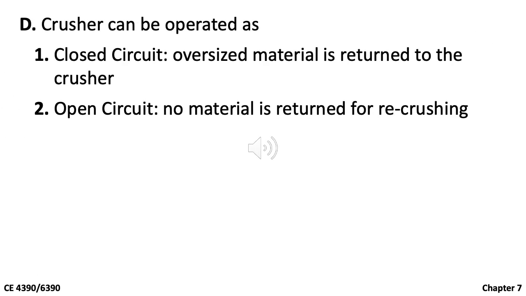A crusher can be operated as a closed circuit, which means the oversized material is returned to the crusher, or it can also be operated as an open circuit when no material is returned for recrushing.